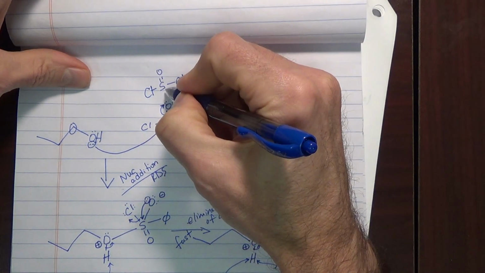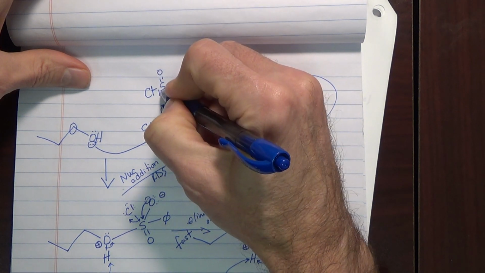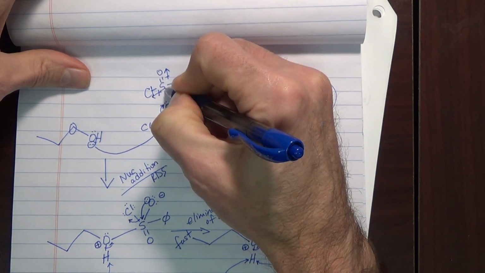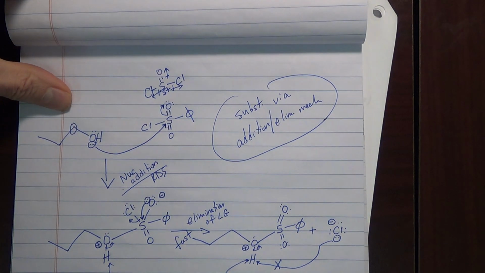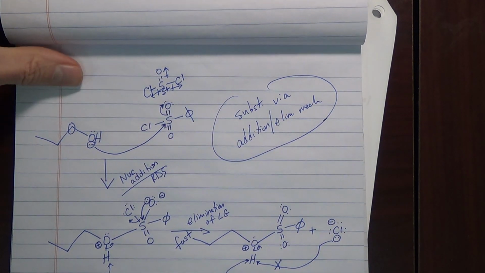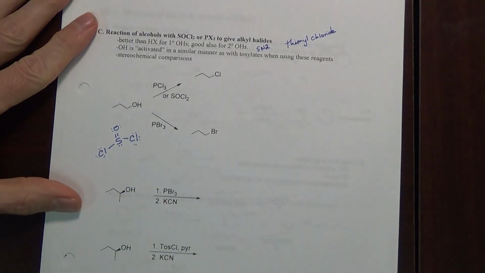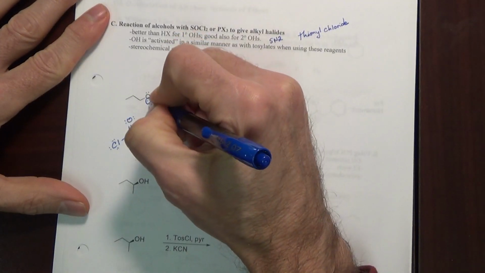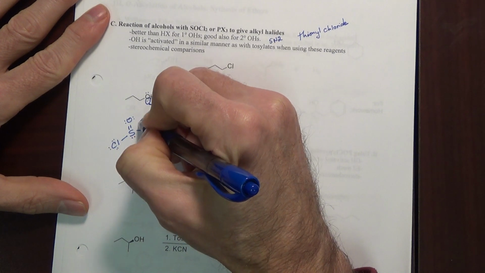But again, the sulfur is electron poor because you have chlorine pulling, oxygen pulling, lots of partial positive on the sulfur, as we would expect from inspection of the structure and polarity. That sulfur is electrophilic. The oxygen of the alcohol will attack the sulfur.